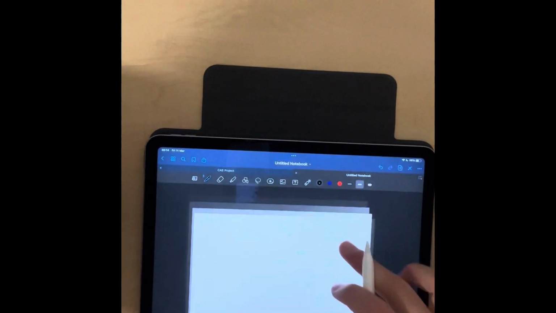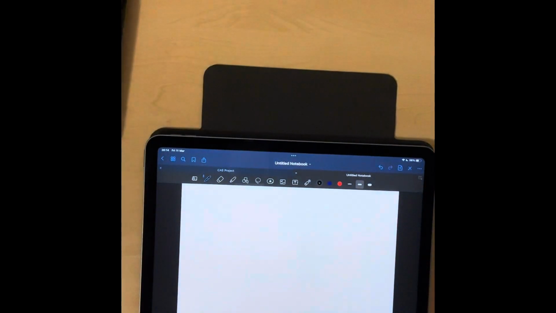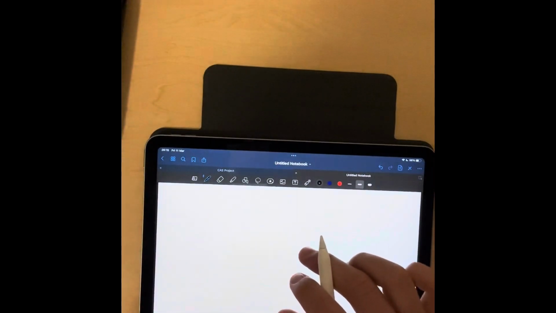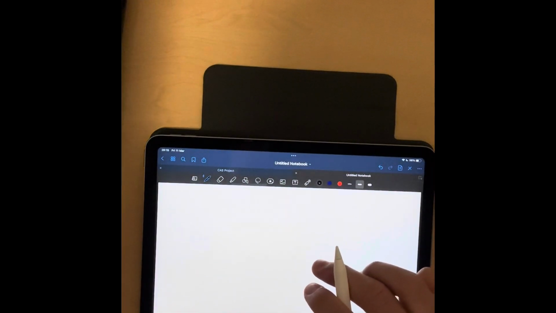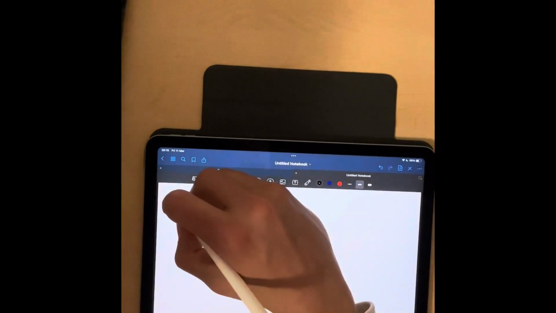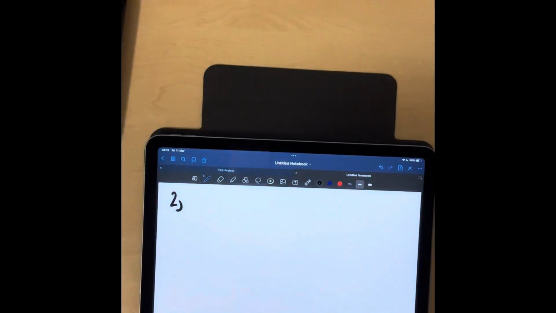Let's load another page. All right, let's say you got a question, question 2 on your test. So let's write this here.